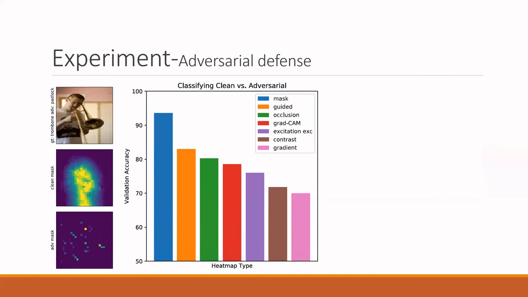And this is the fifth experiment. Here on the left is a comparison between the proposed mask in the middle, based on the adversarial example, and the adversarial mask at the bottom, based on the natural images.